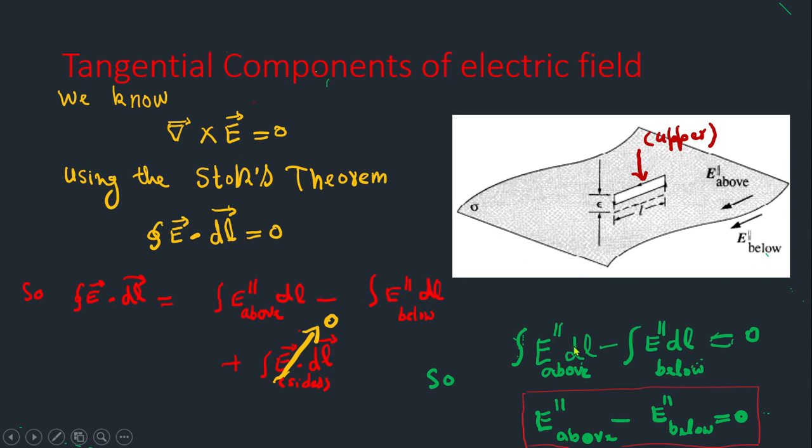We take the common integral dl from these two terms, and because the integral dl cannot be equal to 0, E parallel above minus E parallel below is equal to 0.